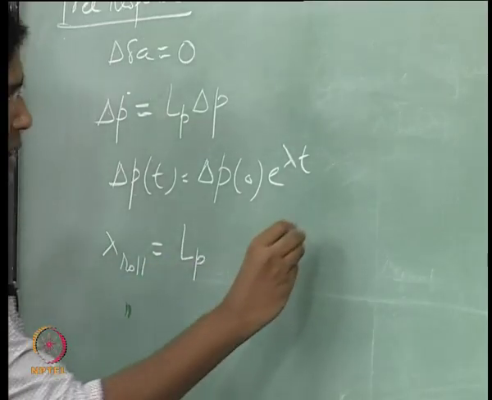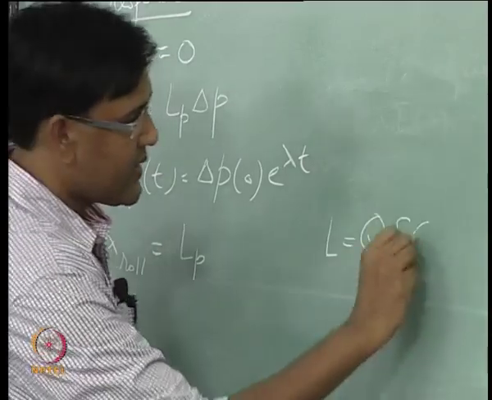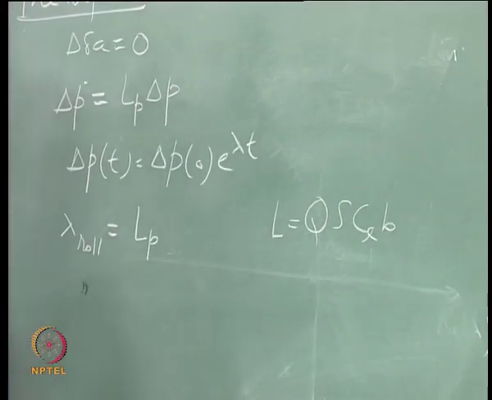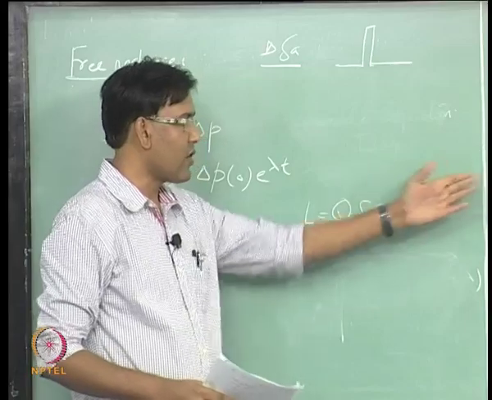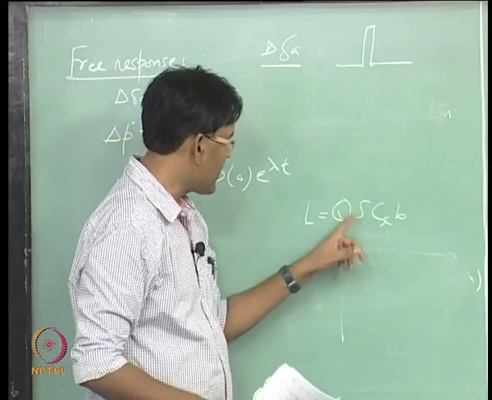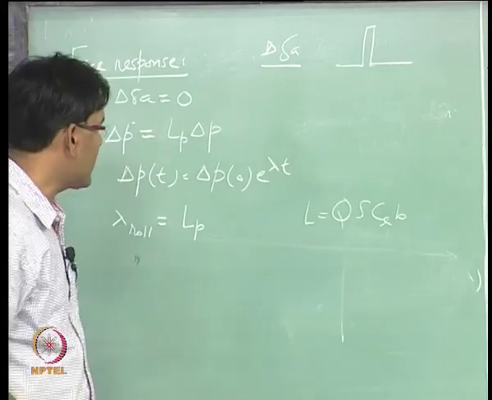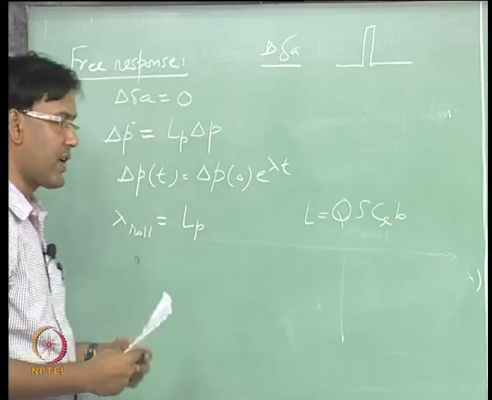What is LP? L is QS CL into B, right. So, Q is the dynamic pressure, half rho u naught squared. S is the wing planform area, CL is the roll moment coefficient, B is the span of the wing.